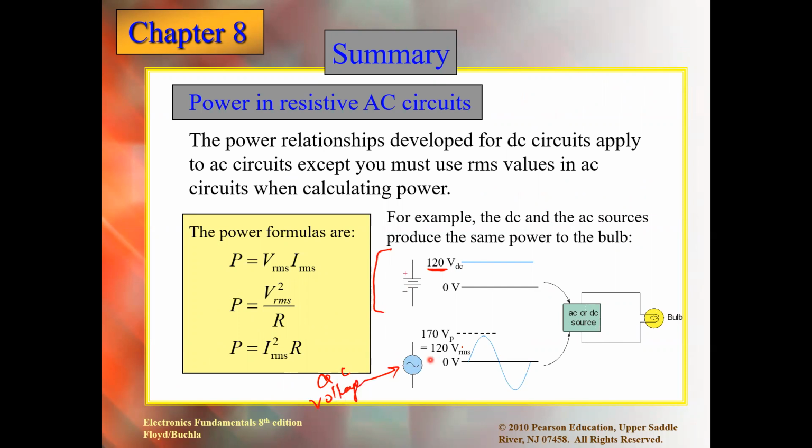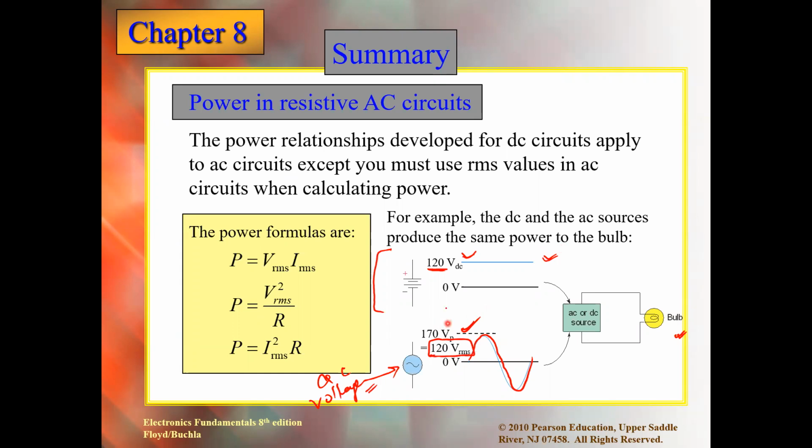If you have a signal with a peak value of 170, and you try to get its RMS value, you will see that this is equivalent to this DC, and this signal will produce the same power to this bulb, which this DC source is producing.